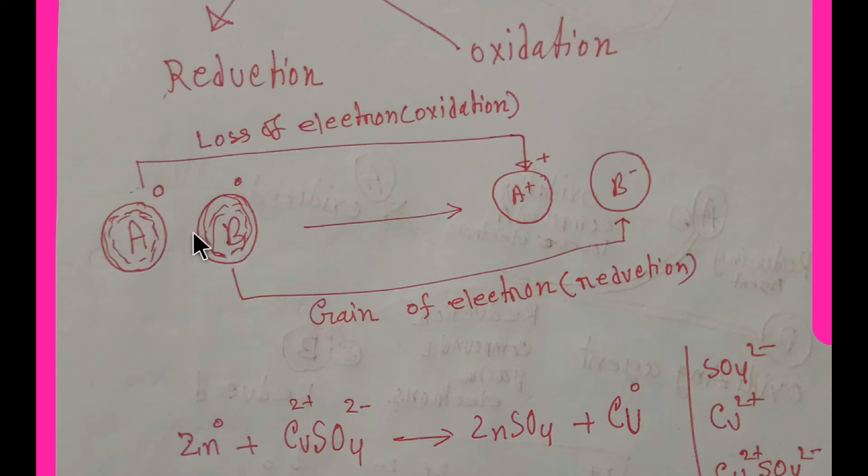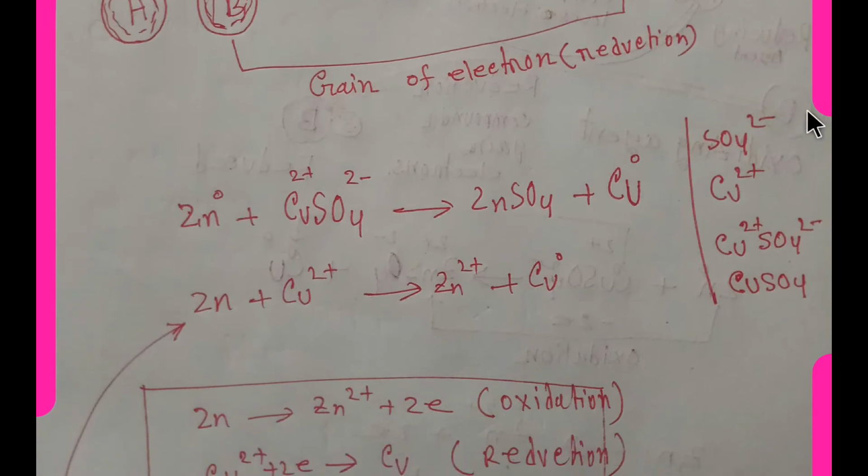But here, the oxidation state of A is positive 1 and the oxidation state of B is negative 1. That is, here we are getting loss of electron, so this is an oxidation process, and here we are gaining electron, so this is a reduction process.